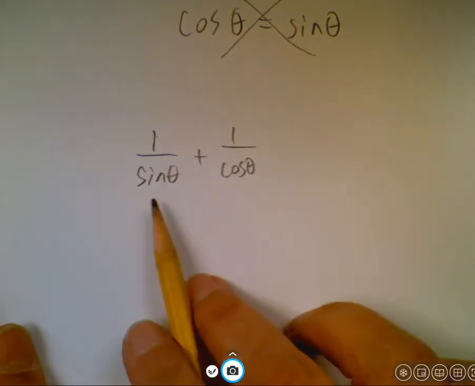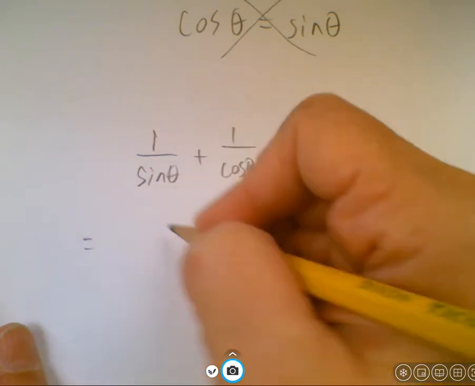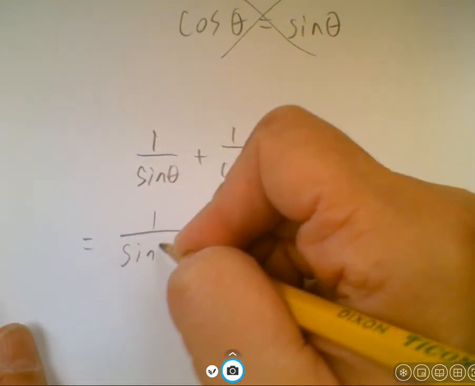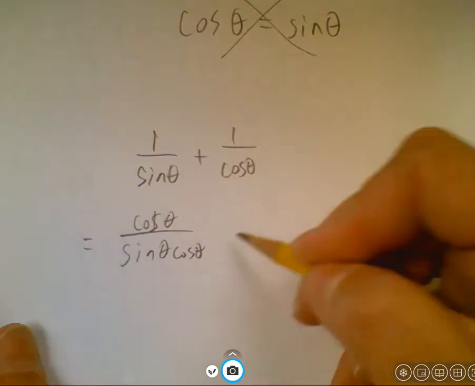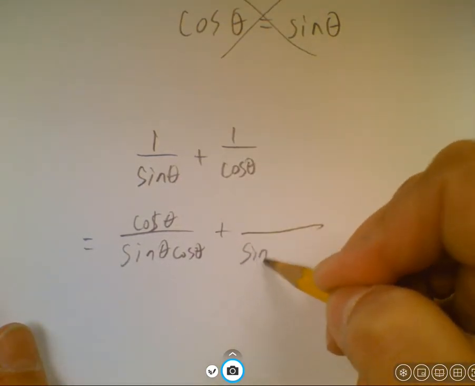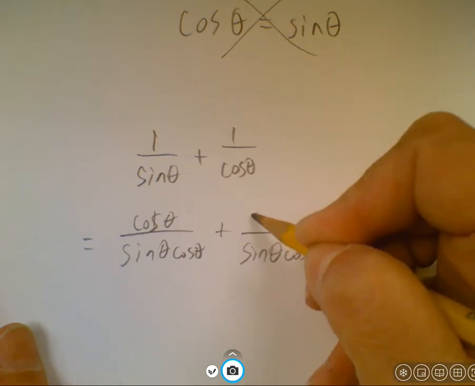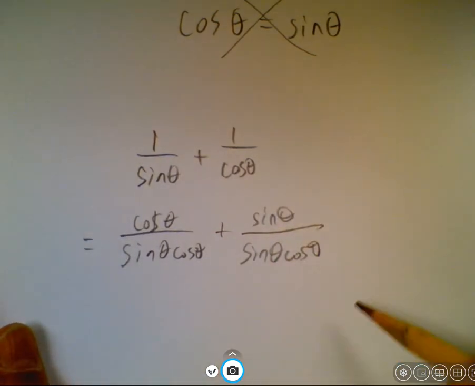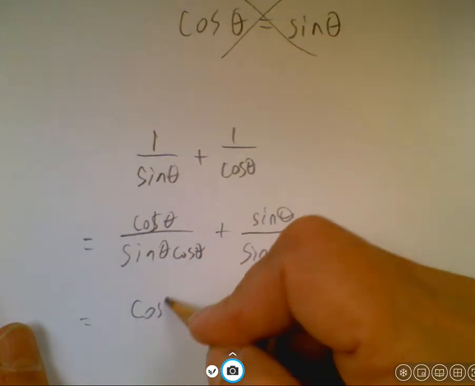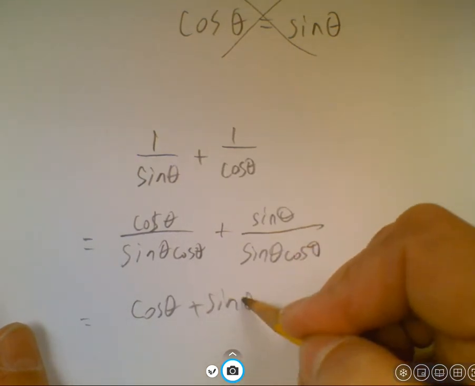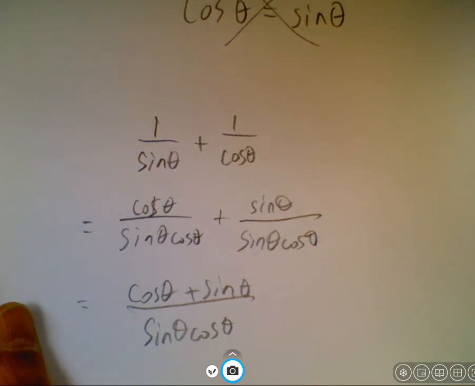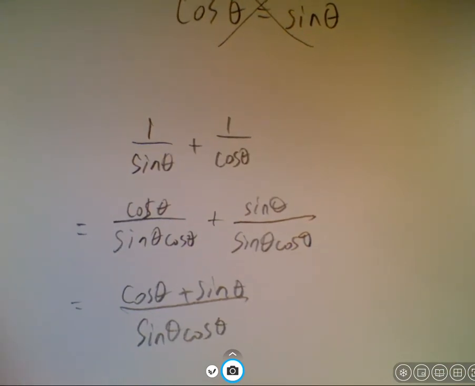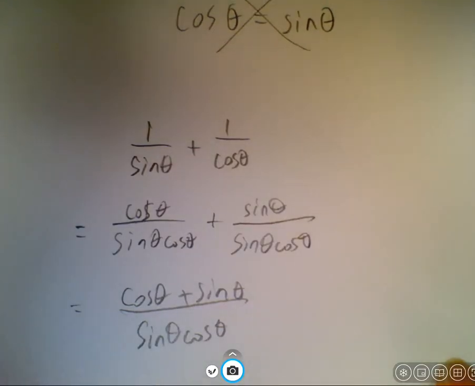We need a common denominator, so that would be sine theta cos theta. Up here would be cos theta, and up here would be sine theta. Now I can add these two, and I get cos theta plus sine theta over the common denominator. That's a way of simplifying this expression. I added the two fractions.